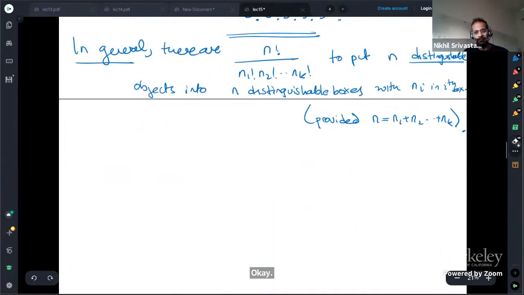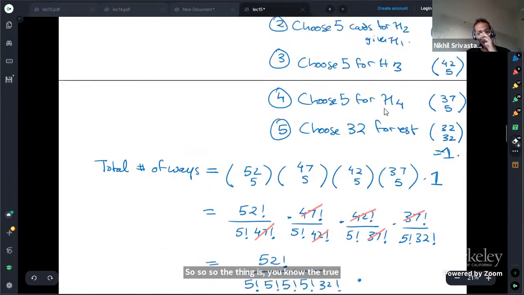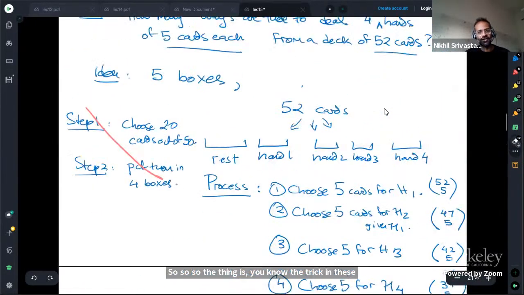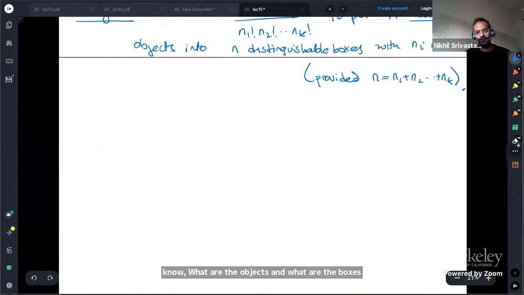There's one more example in this. The trick in these problems is often just to identify what are the objects and what are the boxes. So let me give you another example, which is not obvious. It's not clear that it's related to boxes at all.